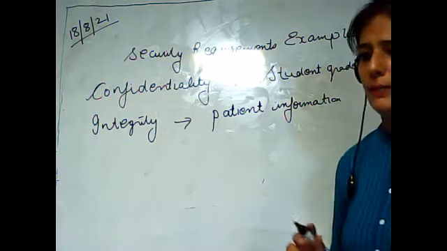Right? Next is availability. Availability is what? We want the right service at the right time. That right service should be available at the right time, plus it should be properly authenticated information, so that whatever information you are getting at that time should be correct.